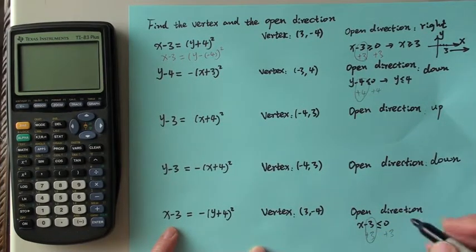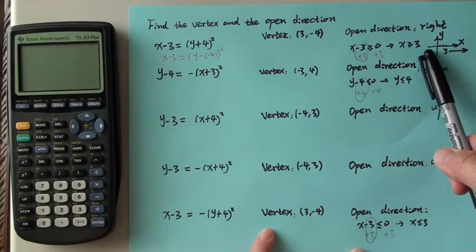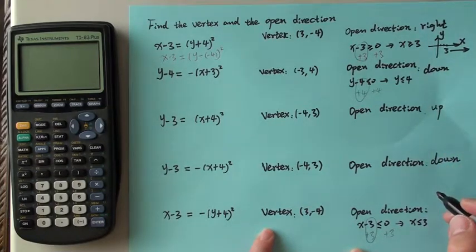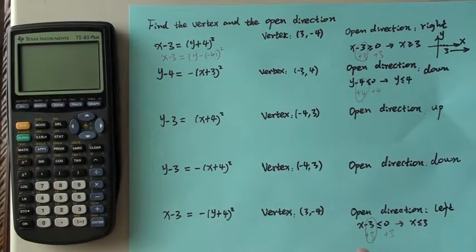So what you get is x less than or equal to 3. So all the points from 3 to the left. Previously it was right, and here it will be left. So it's not hard.